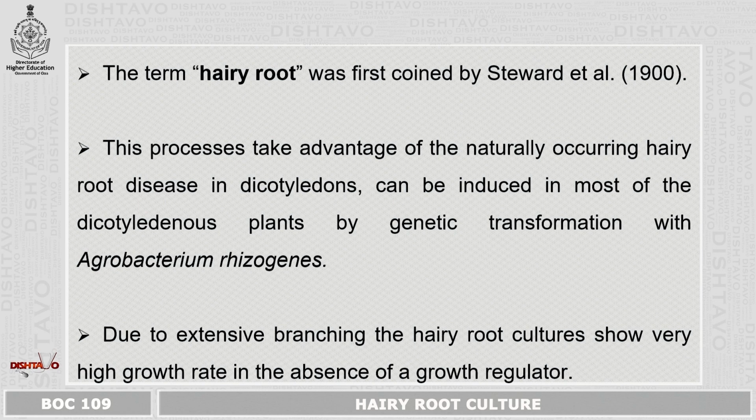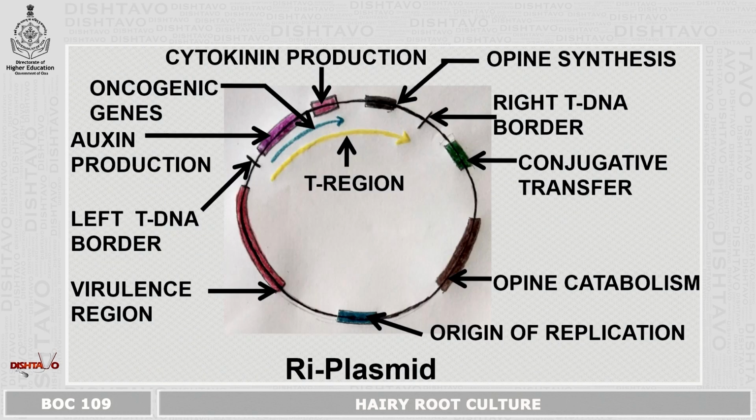Due to extensive branching, hairy root cultures show a very high growth rate in the absence of growth regulators. Now, the Agrobacterium rhizogenes has a plasmid within it, called the RI plasmid.